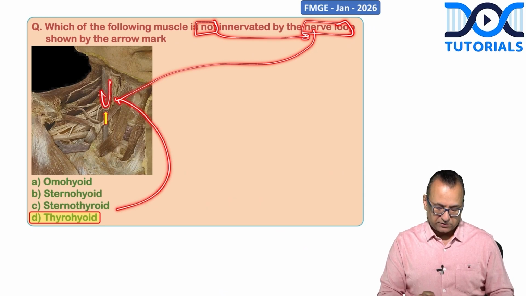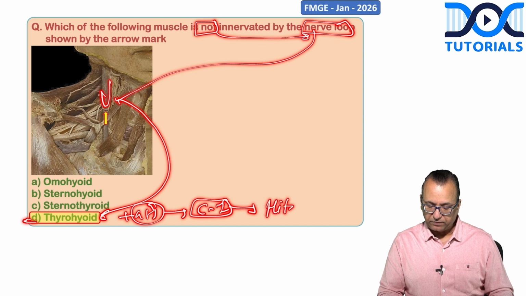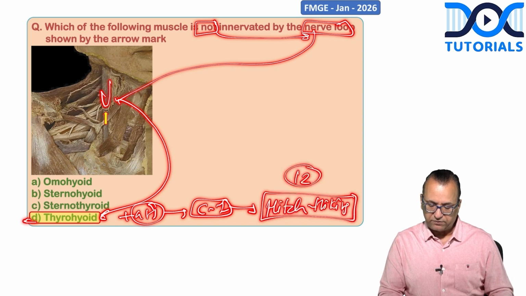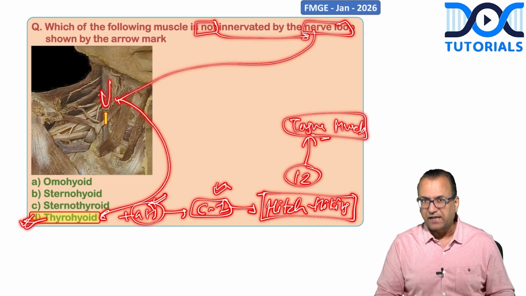So that is why the answer is thyrohyoid. The other could be geniohyoid, because geniohyoid and thyrohyoid are supplied by C1 fibers, which were hitchhiking, or carried by the 12th nerve. The 12th nerve, which itself is supposed to supply tongue muscles, also carries the C1 fibers to supply two muscles, thyrohyoid and geniohyoid. Hence, they are not supplied by ansa cervicalis.